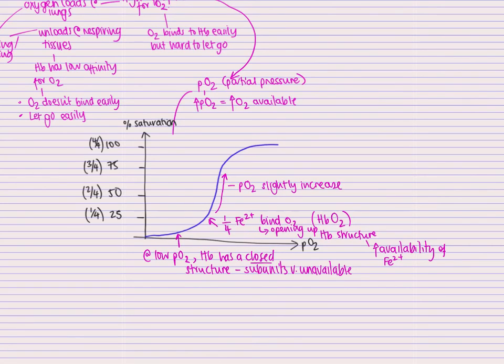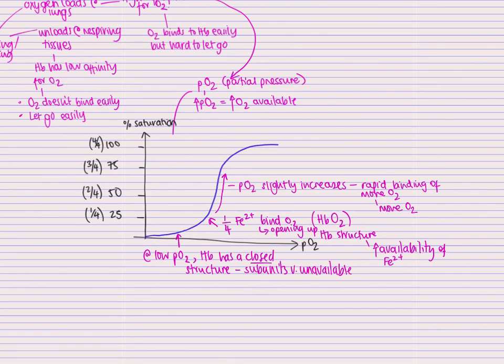Okay, now as my partial pressure increases only a little bit, we get a rapid binding of more oxygen. And this is because that hemoglobin becomes more open in structure, but also there's more oxygen available.